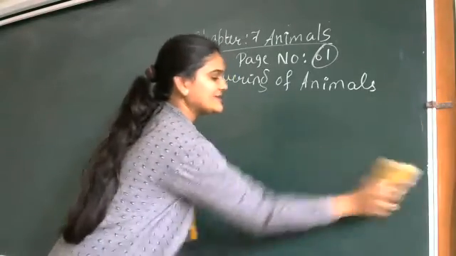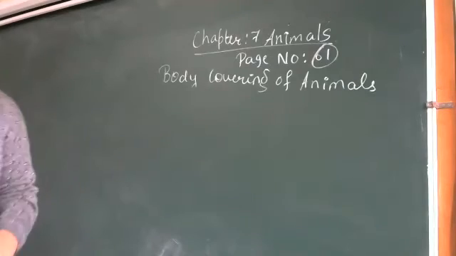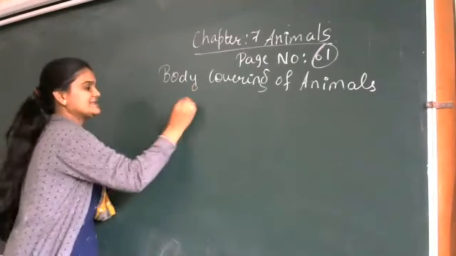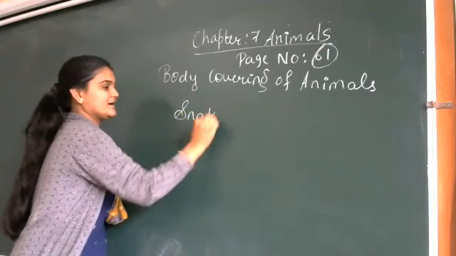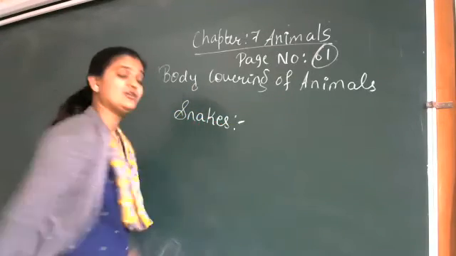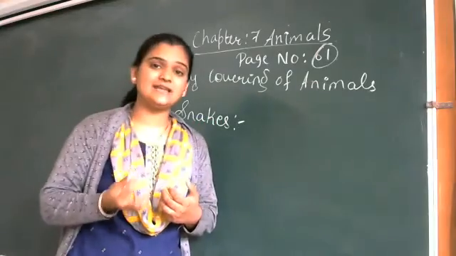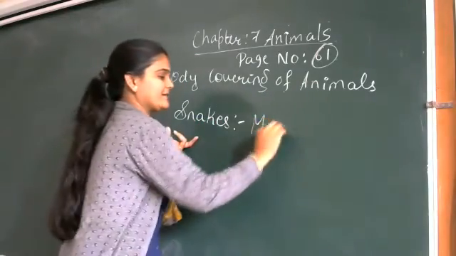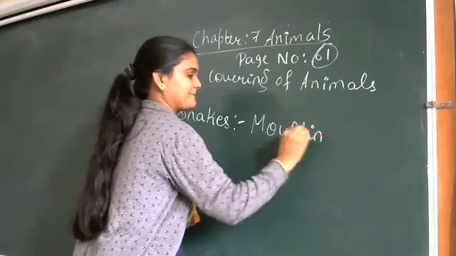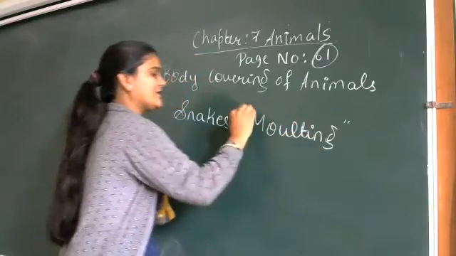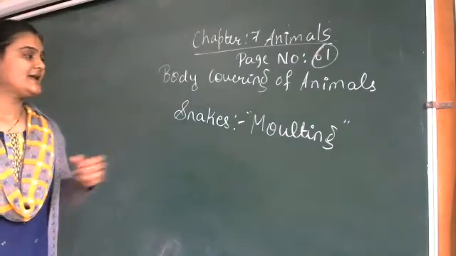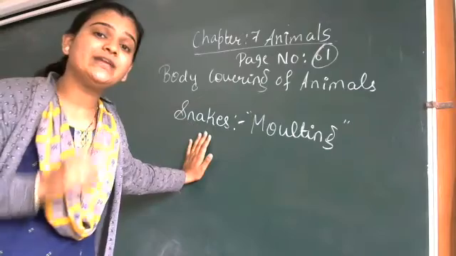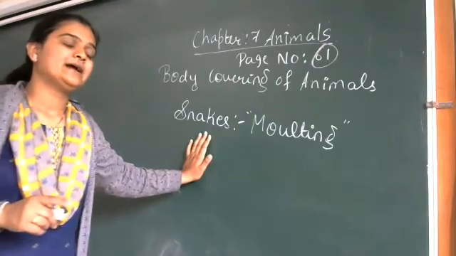Children, can you give me one more example of a reptile? Snake. Yes. Whether you have heard or seen, I don't know, but have you heard about molting of the skin? Yes. So snakes have a unique feature.